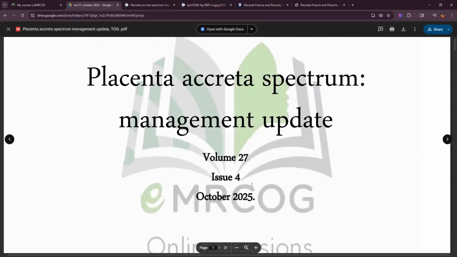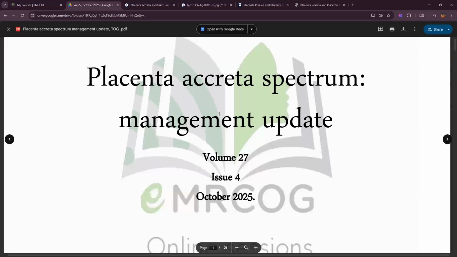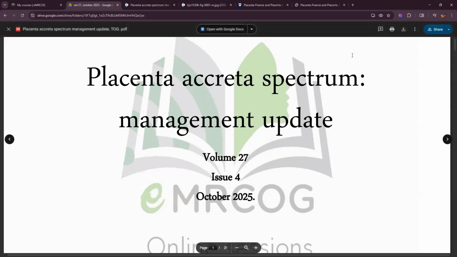They were trying to preserve the uterus. This TOG article or the other one talking about the B-Lynch or Hayman suture, our main aim is to be aware of techniques that can preserve the uterus without doing a hysterectomy, if we can.